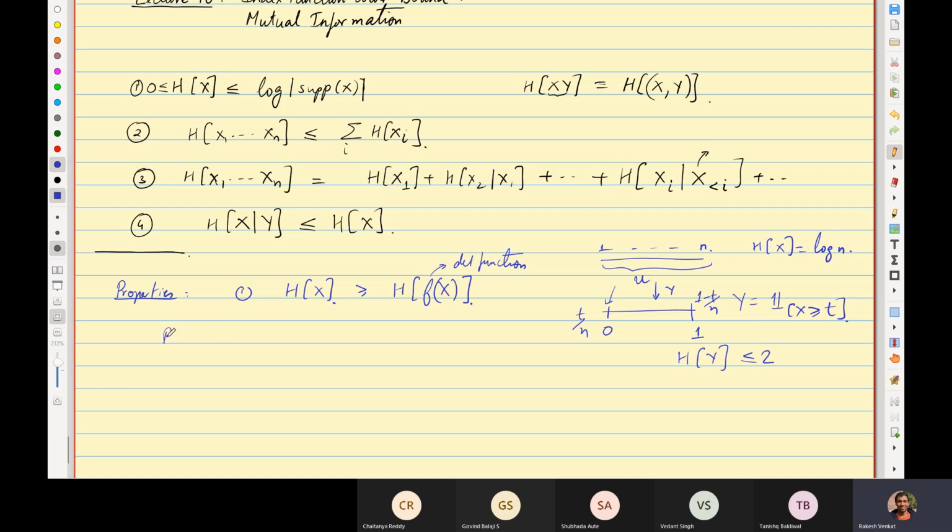The proof of this is quite an easy application of just the chain rule with some logic. Suppose I give you x, then f of x has 0 entropy, because it's a deterministic function, there's no uncertainty in f given x.